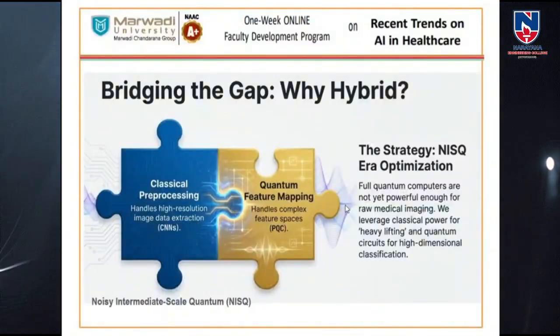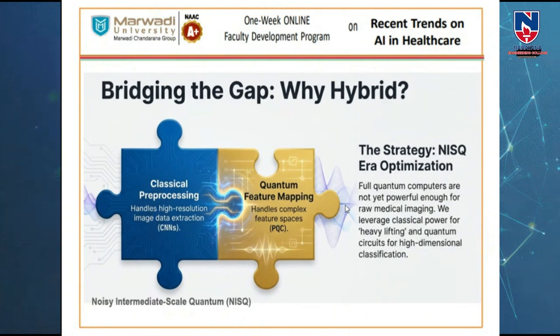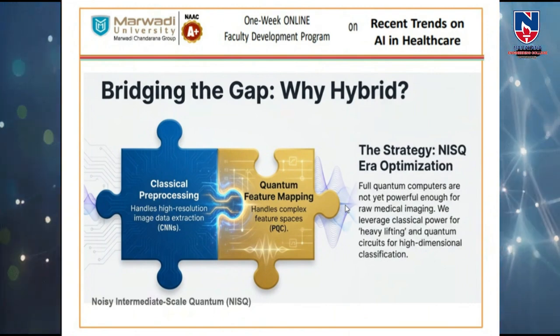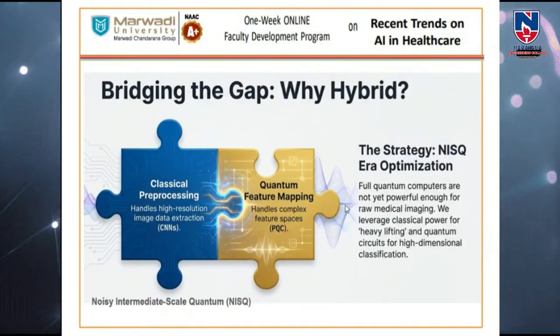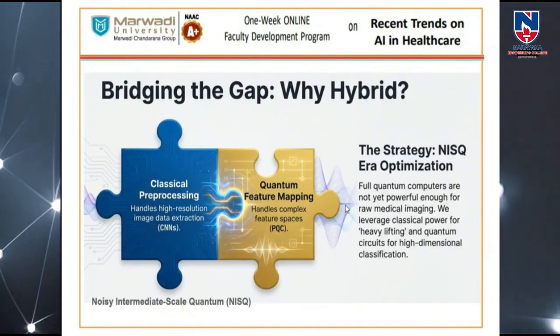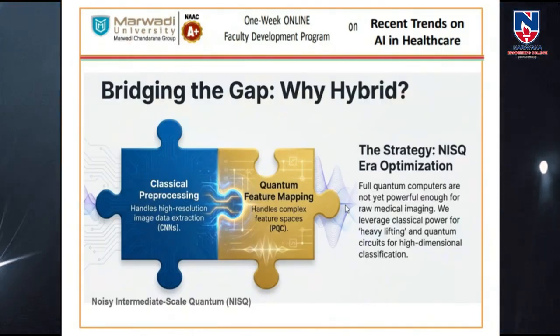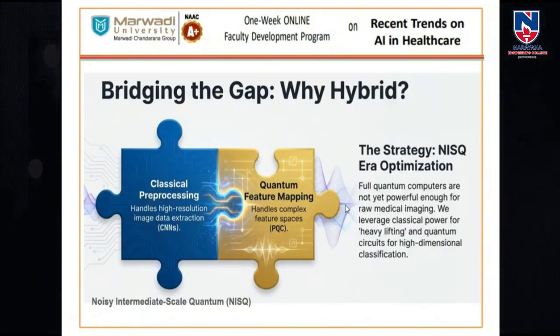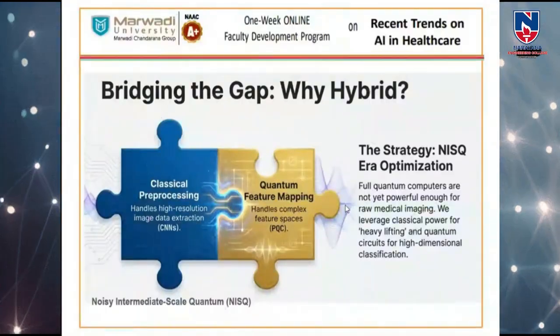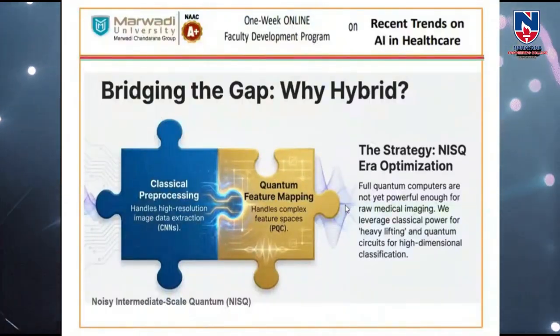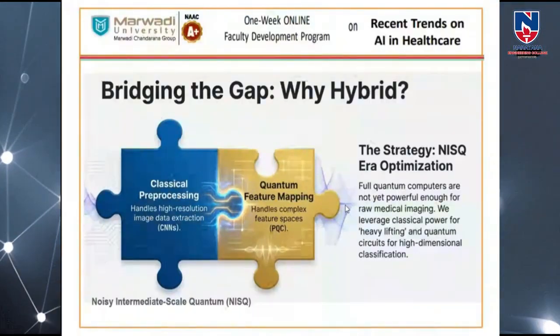If you see the diagram of how these two are mixed together, it tells us we are not replacing a classical system with a quantum one. We are integrating their strengths.